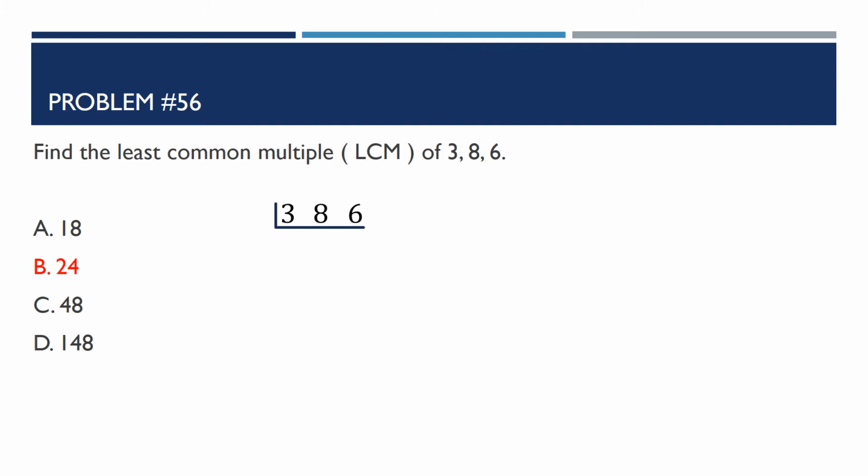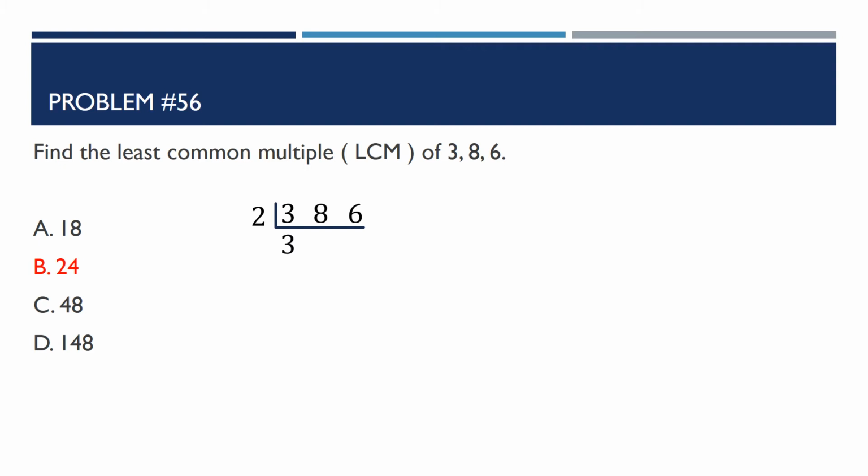If you can't find one for all 3, at least we can have 2. So we'll use 2 because 8 and 6 are both divisible by 2. But 3 is not divisible by 2, so we just copy it.